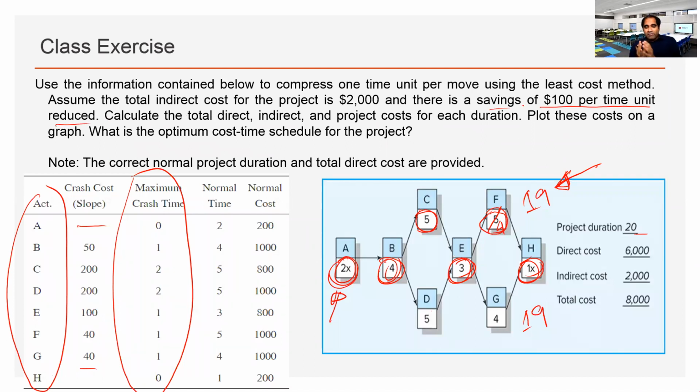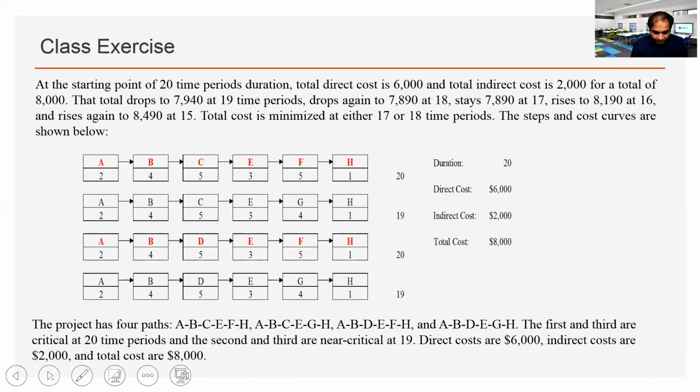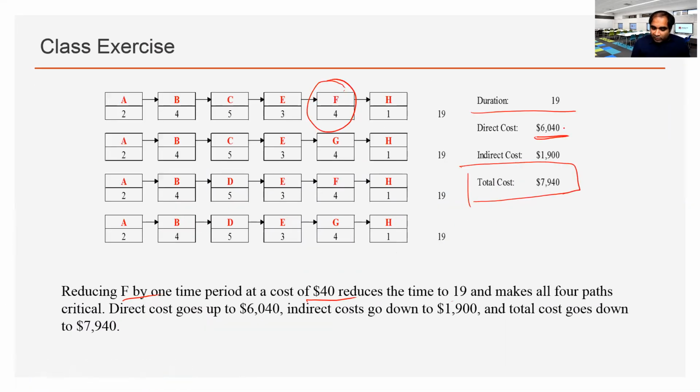So for every day of reduction in the indirect cost, we can take off $100. So we add 40 and then we take out 100. This is the total project cost.